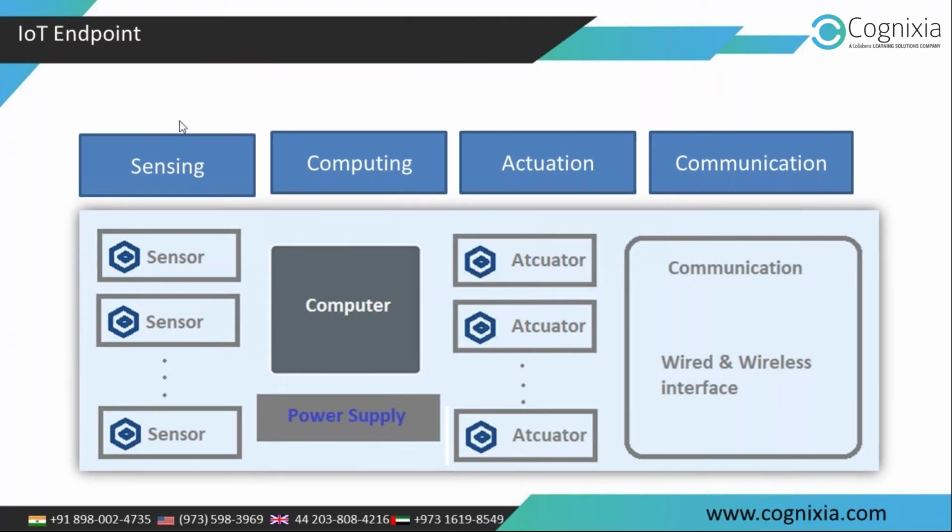An IoT endpoint, if you look at my screen, is a combination of four essential components. Okay, sensing, and sensors. There can be more than one sensor embedded in an endpoint. A computer, and this is not for high-end processing.